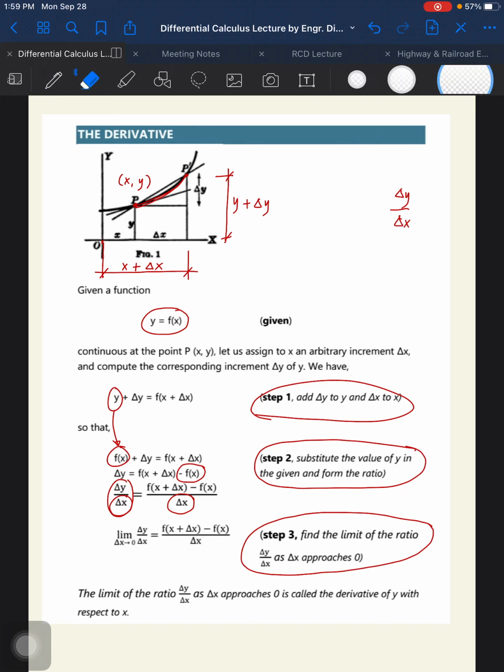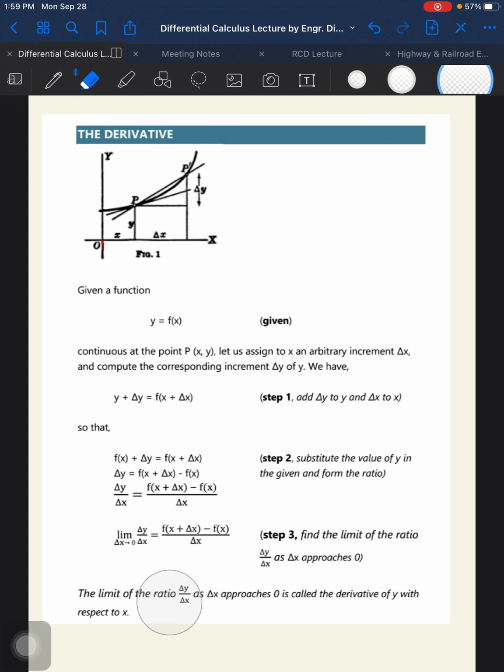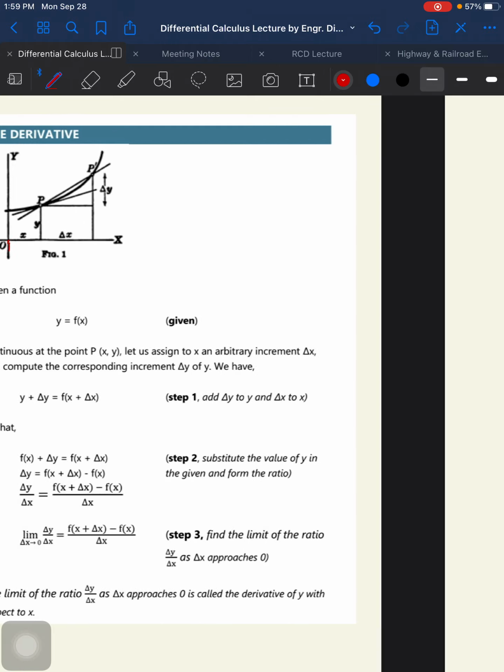Now let's try to solve the sample problems given in your notes. Again, this note is already uploaded in your MS Teams.